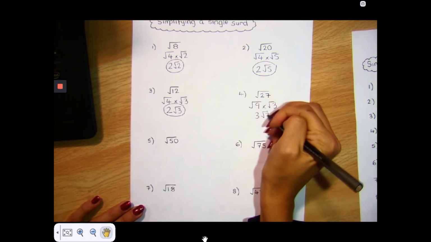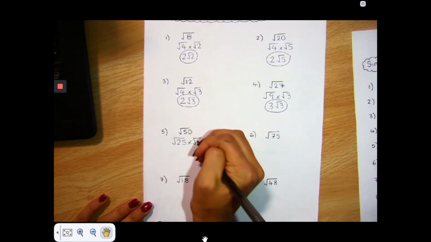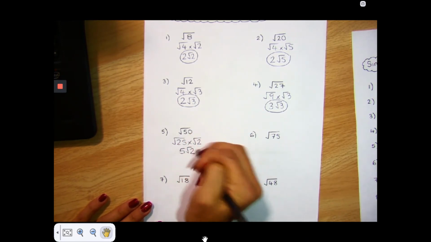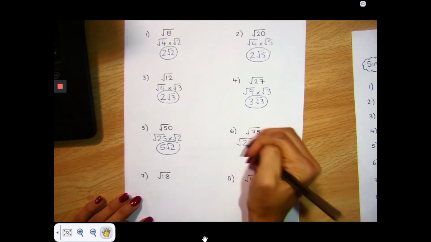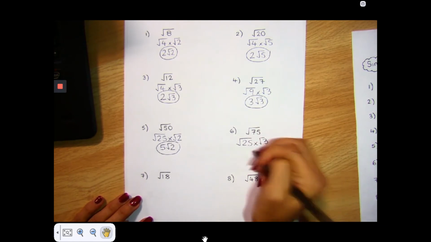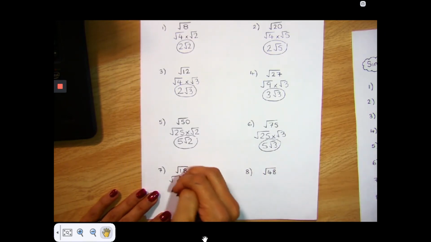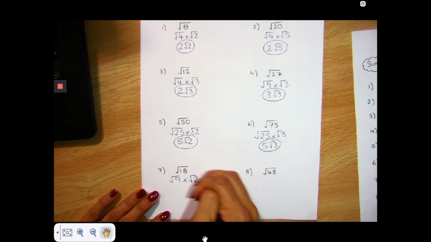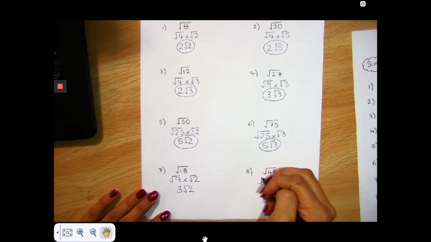Number 6, root 25 times root 3, which is 5 root 3. Number 7, root 9 times root 2, which is 3 root 2. And then finally, on root 48, we've got root 16 times root 3, which is 4 root 3. Okay, so that is simplifying a single surd.